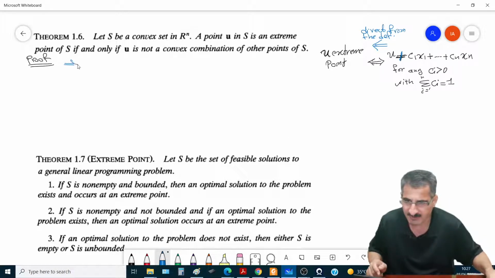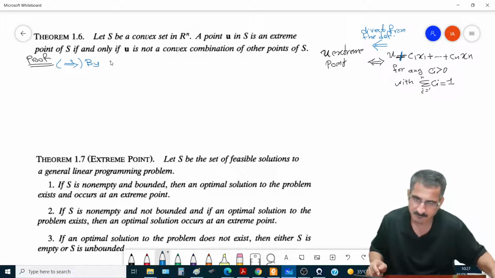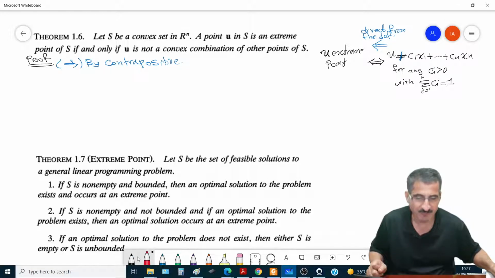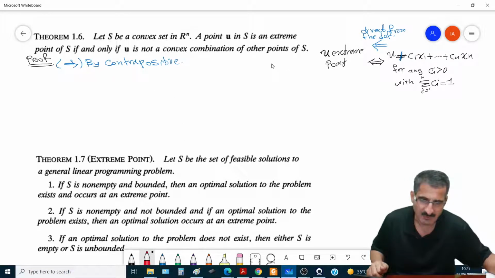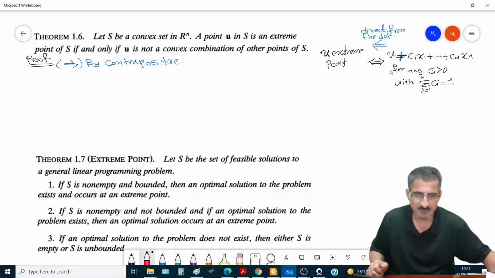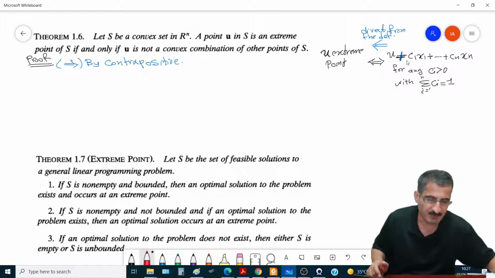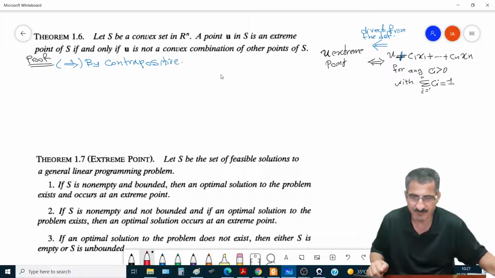We will do it by contrapositive, which means we will negate this part and prove that part.